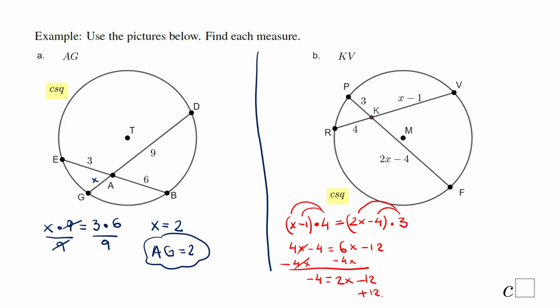Add 12, and we have 2x equals negative 4 plus 12 is 8, divide by 2, x equals 4. Well, we are not done because we need to find the length of KV. KV is x minus 1, so you have 4 minus 1, so KV is 3.